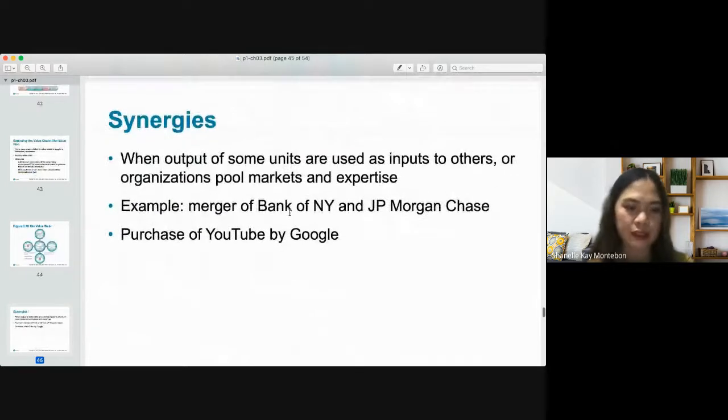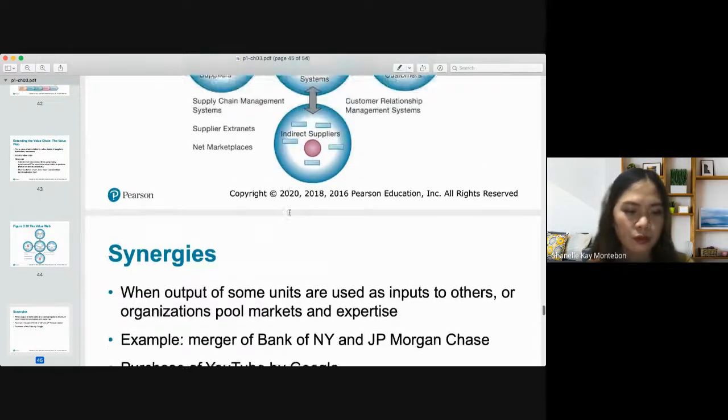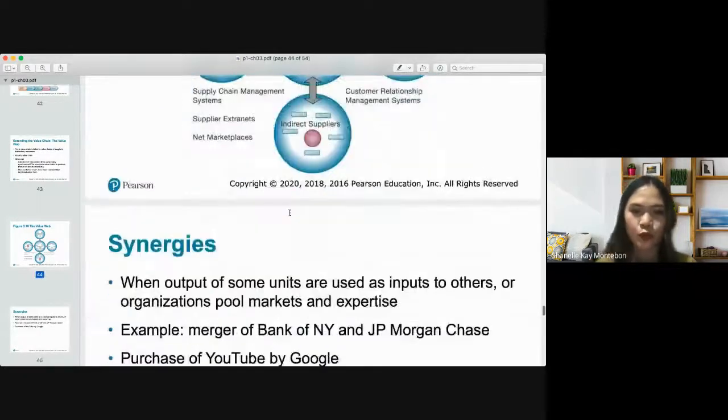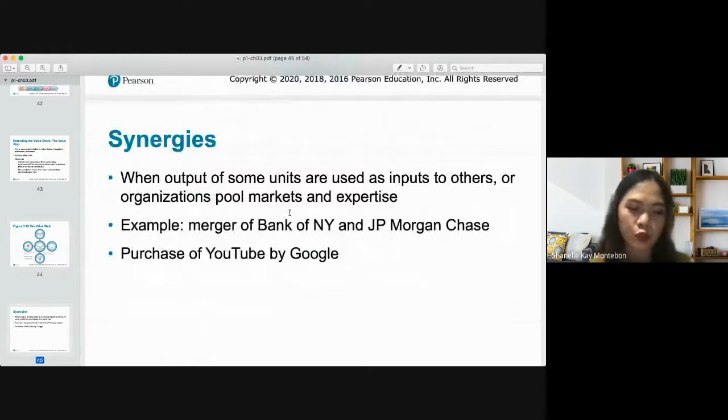So synergies. Information systems can now improve the overall performance of these business units by promoting synergies and core competencies. So when the output of some units is used as input to others, or organizations pool markets and expertise, then this is now synergies.